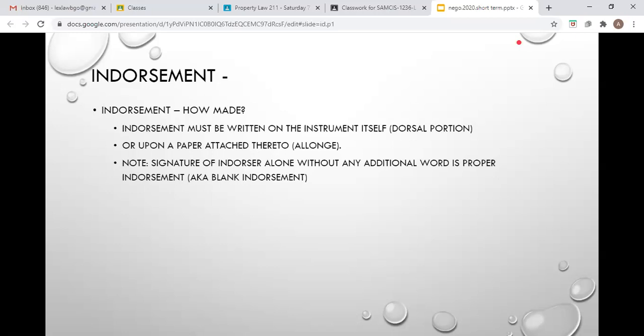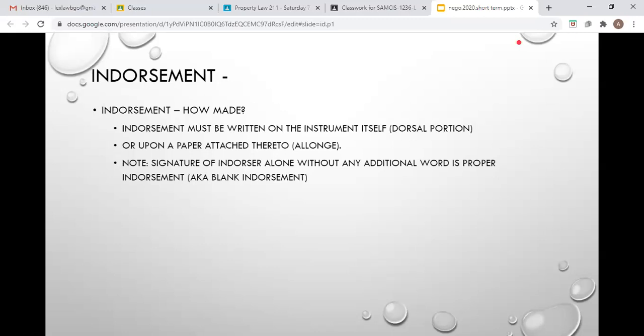What else? That if you endorse the instrument, you have to endorse the entire value of that instrument. Take, for example, you receive a promissory note, you are the payee of a promissory note worth 1 million pesos.